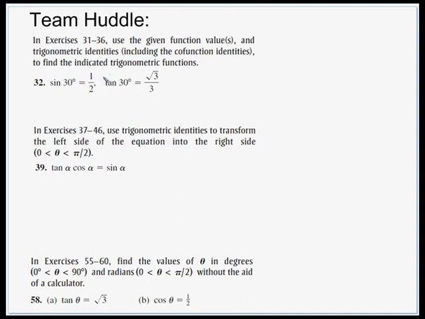So we want to find the indicated trigonometric functions. Well, first, let's find the cosecant first. That should be an easy one. The cosecant of 30 degrees is just the inverse of the sine of 30 degrees. So we just flip that over. 1 over 2 becomes 2 over 1, or just plain old 2.